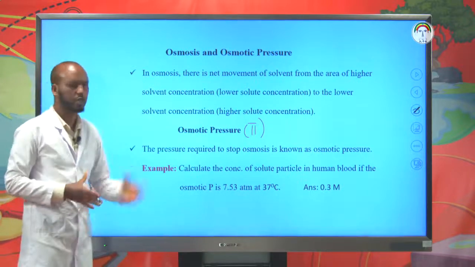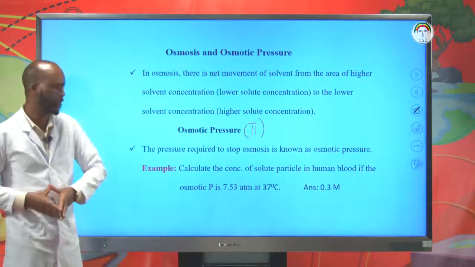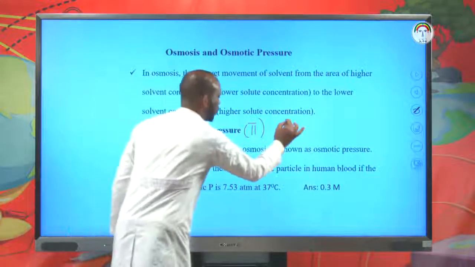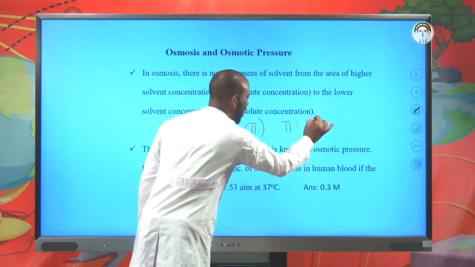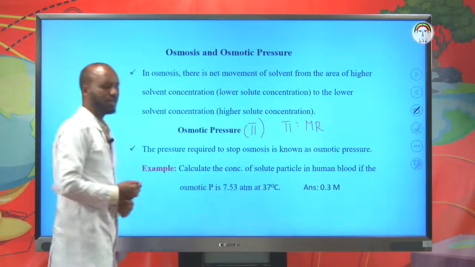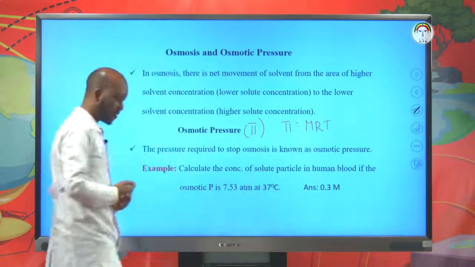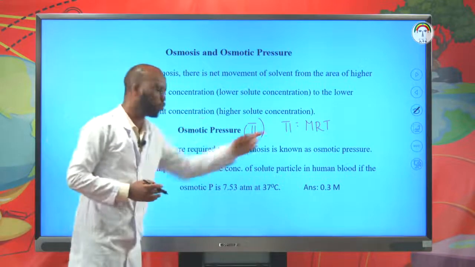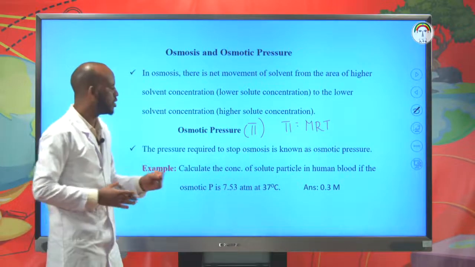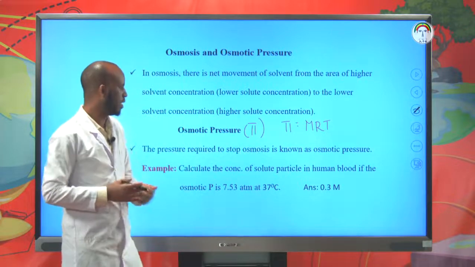This osmotic pressure is an example of colligative properties of a solution, because osmotic pressure equals molarity of the solution times R, universal gas constant, times temperature in Kelvin. It is an example of colligative properties of a solution, because it depends on concentration of the solution, molarity.